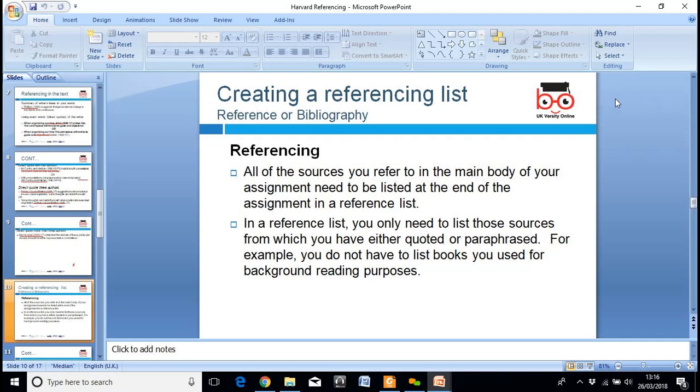If you've used it in the process, then obviously it's a reference. But if you've read something but not actually used the information, then it still needs to be there. A tutor will state that they need a full bibliography.